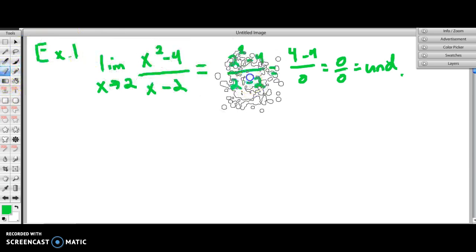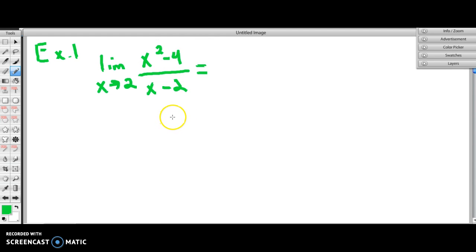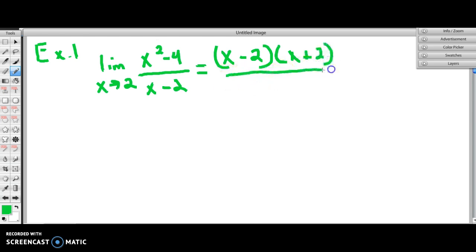So let's go ahead and redo this problem. This time, we're going to factor this quadratic equation and see if I can plug in and find a value. I have a perfect square here, so I can break that up to x minus 2 times x plus 2, over x minus 2.